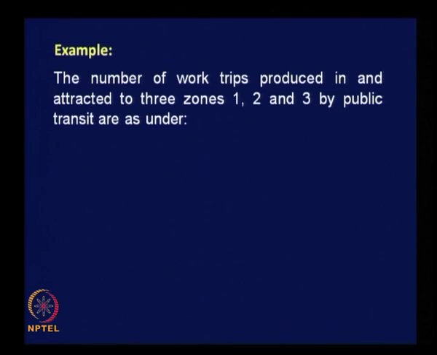Now the segmentation information is already given to you: this pertains to work trips, data is already segregated based on trip purpose, and the mode is public transit. So what you get here is data segmented at 2 levels, one based on mode used, the other based on trip purpose. The data given to you is already segmented, clear.